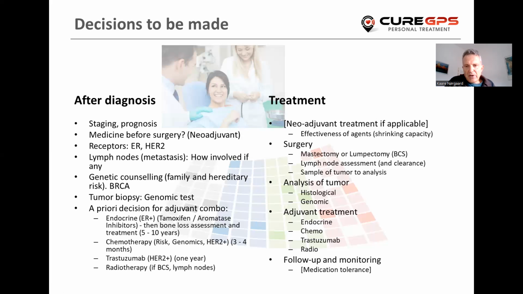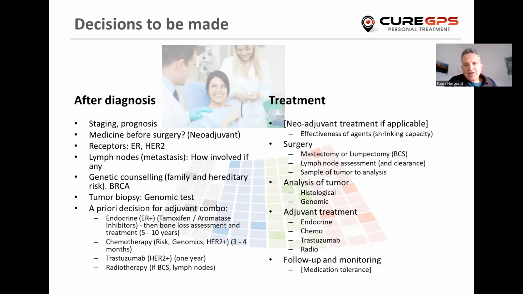Then there's a lymph node assessment, which comes final after the surgery. And if there are lymph nodes involved in the cancer, then they must be cleared. And then a sample of the tumor is sent for further analysis. And the analysis of the tumor will determine a lot of the treatment.